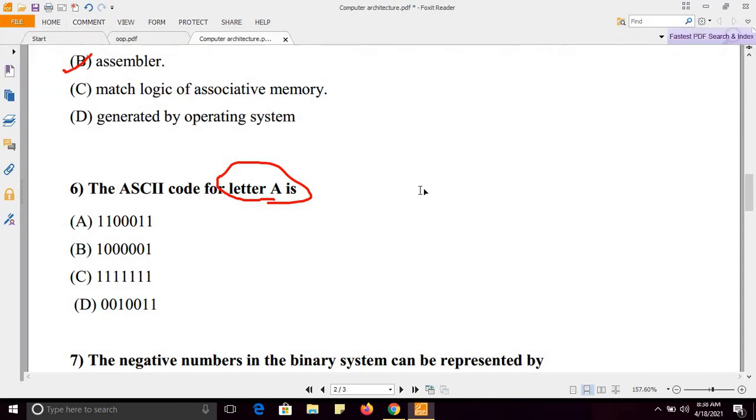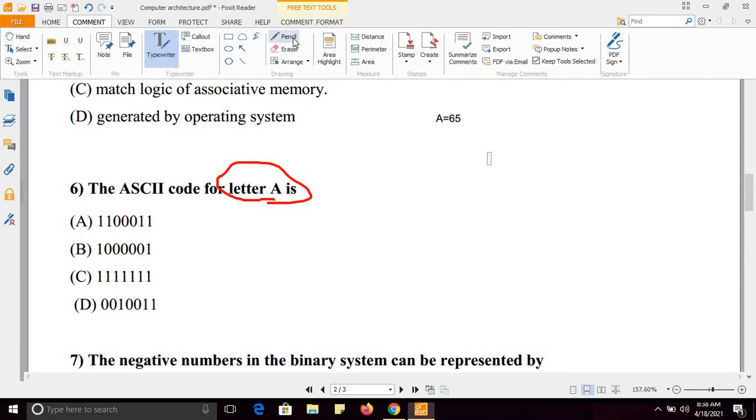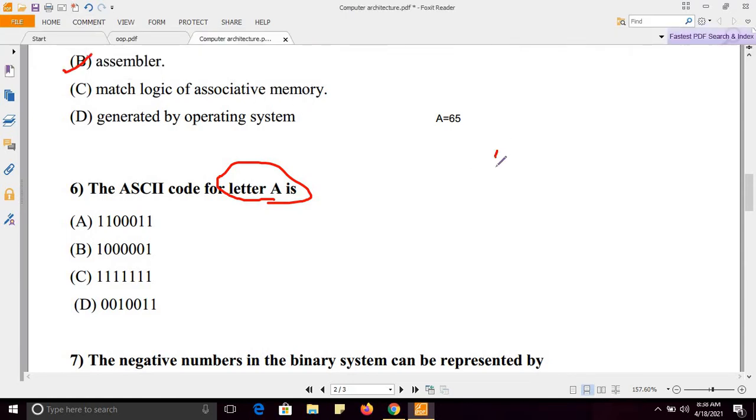Now see, the code of capital A is 65, and we need to convert this 65 into binary. So how do we convert?